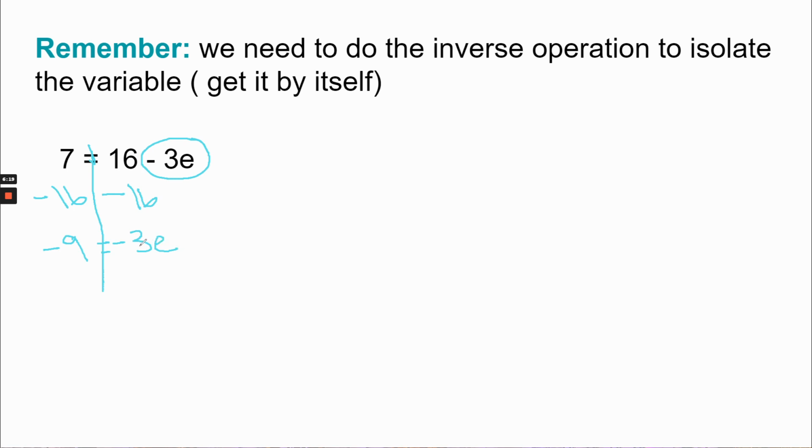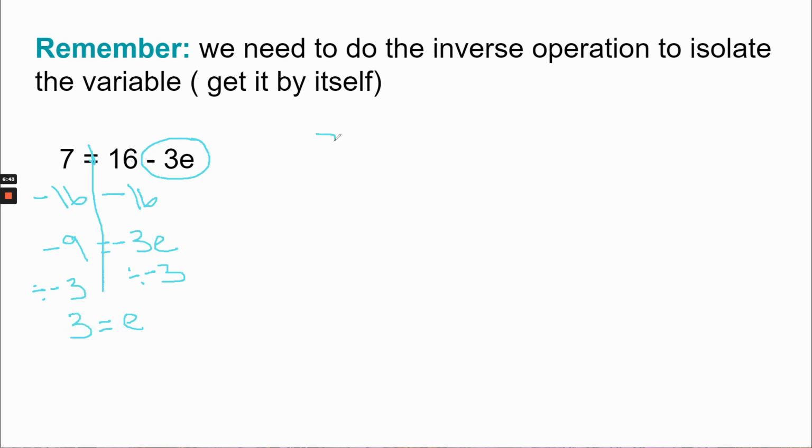When there's no operation between them, that's multiplying. So the opposite would be dividing by -3. And we get e equals -9 divided by -3. A negative divided by a negative is a positive.